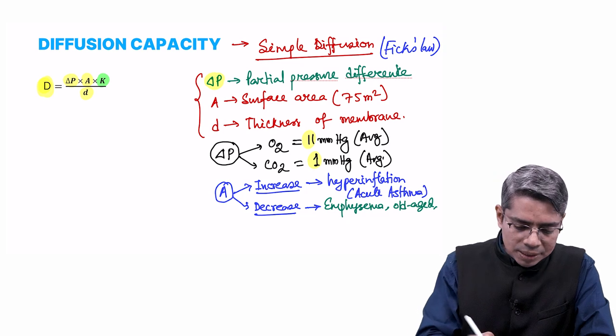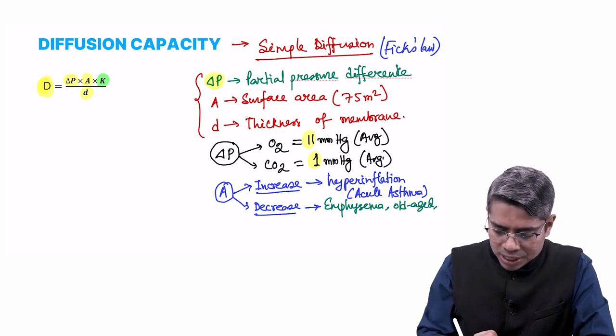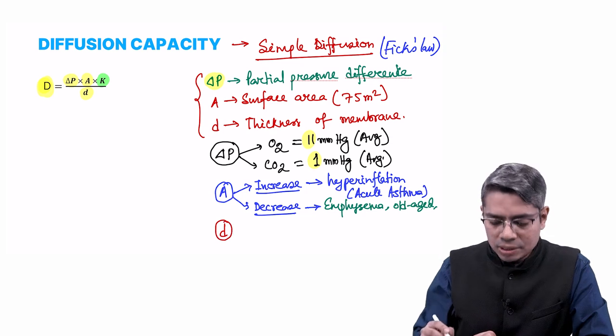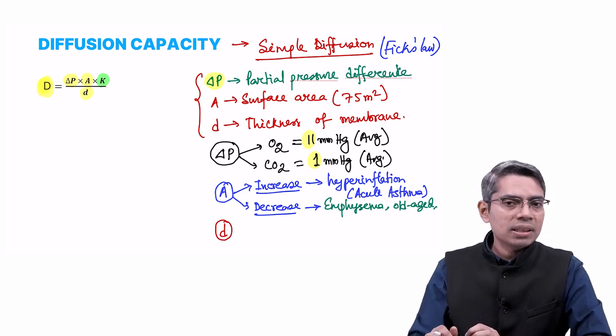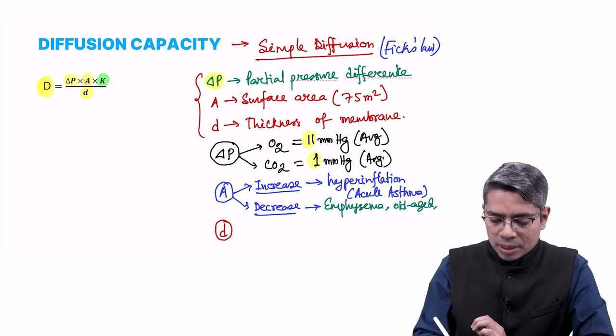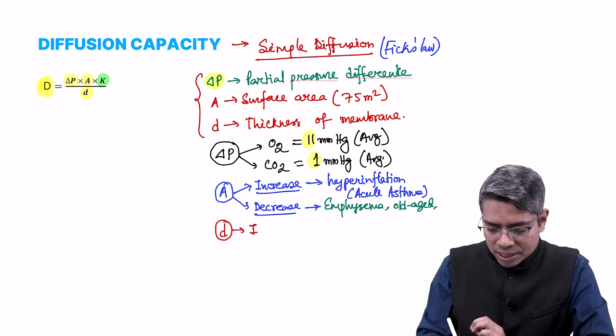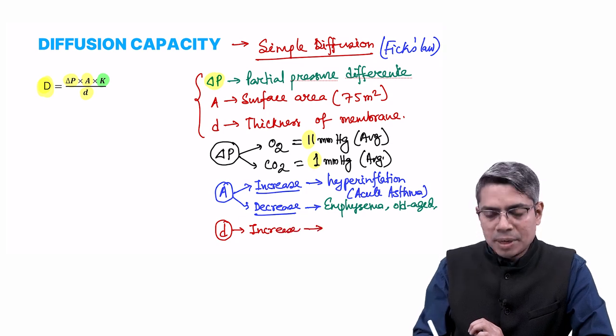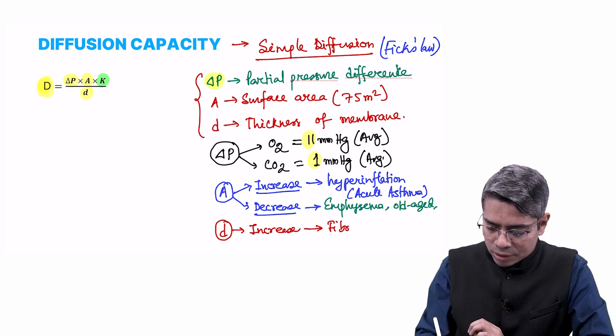And the third parameter, that is D. Okay, so D is the diffusion distance or the thickness of the membrane. Normal thickness we know, but you have to remember there are certain conditions where this thickness of the membrane increases. Increased thickness of the membrane can be seen in case of fibrosis of the lung.